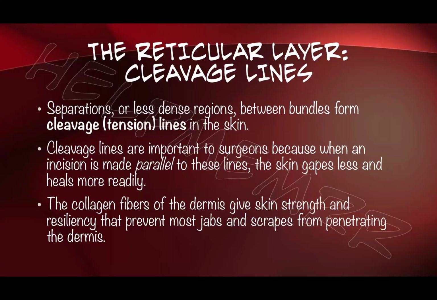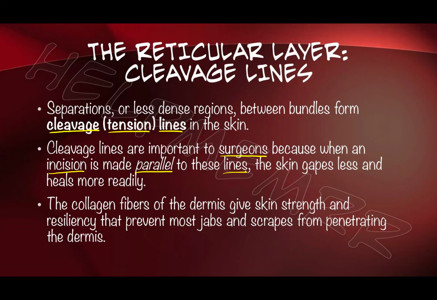and that's what makes up this reticular layer. In the reticular layer, we have these things called cleavage or tension lines. That's where there's going to be any kind of separation or loose connections for that skin. A lot of times we can use these cleavage lines to our advantage, because a surgeon can make an incision that's parallel to the lines.